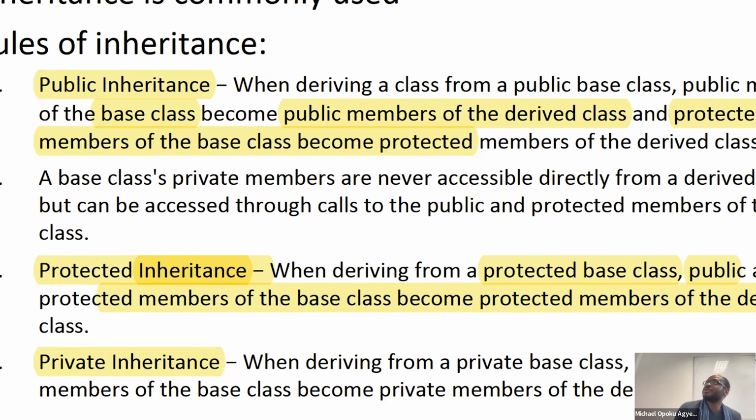Then we've got the private one as well. Again, at the point where we are creating the child of this parent class or base class, if we specify private, then both the public and protected members are converted to private in the derived class.